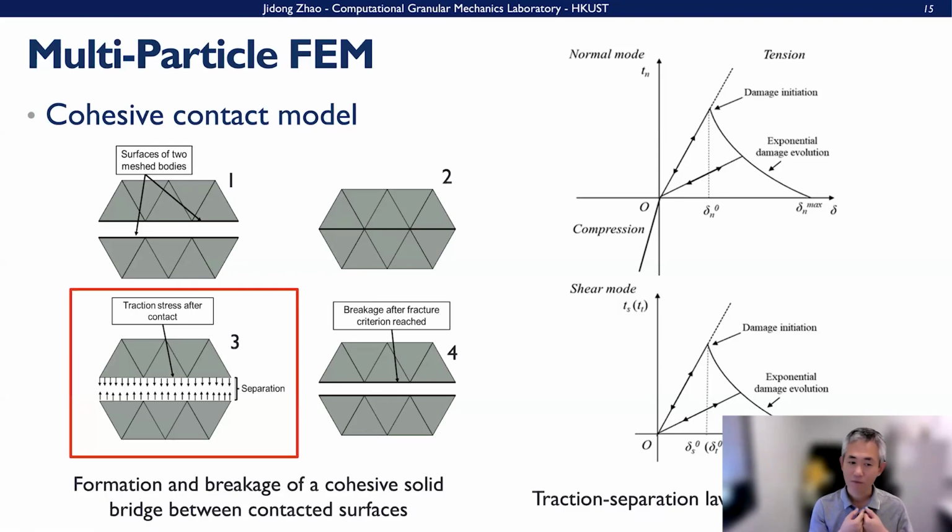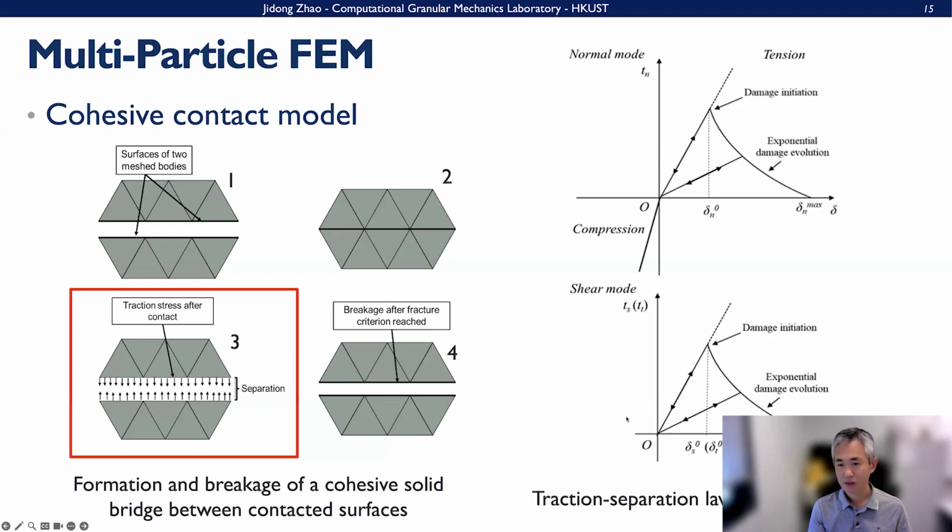These are the formation and breakage of a cohesive solid bridge between these two contact particles here, right? And this is the stress-strain relationship, the normal and shear models, that is the traction separation law at the contact level here.